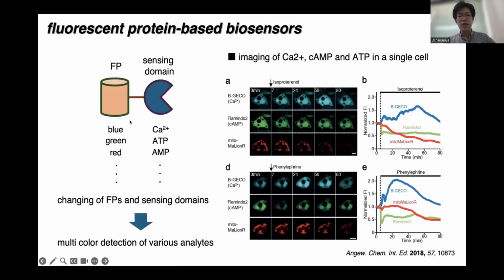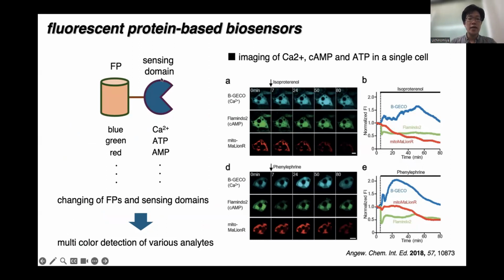Okay, so this fluorescent protein-based sensor is a very useful tool for detection of small molecules, because by simply changing the fluorescent protein and sensing domain, we can detect multiple targets inside the cells. In this paper, the authors developed a calcium ion sensor, a cyclic AMP sensor, and ATP sensors.